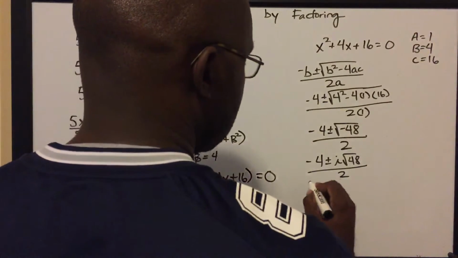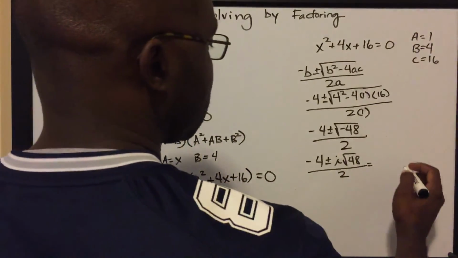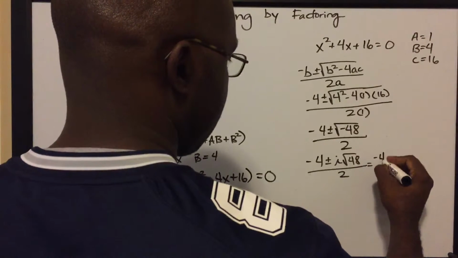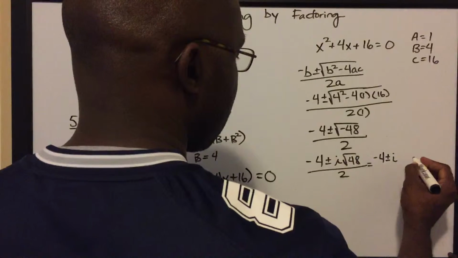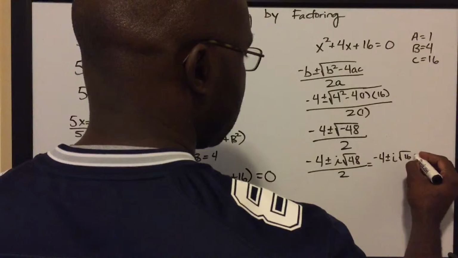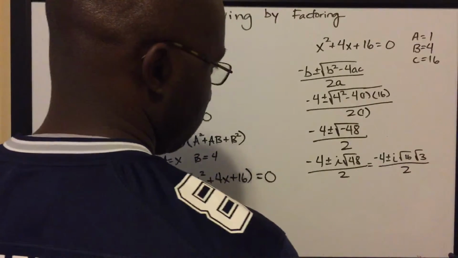So now it is, I'm going to come over here because I'm running out of real estate, as you see, minus 4 plus or minus i square root of 16 square root of 3 all over 2.